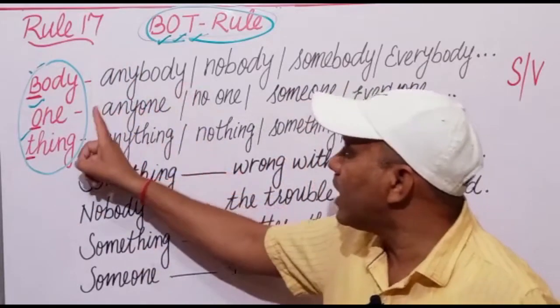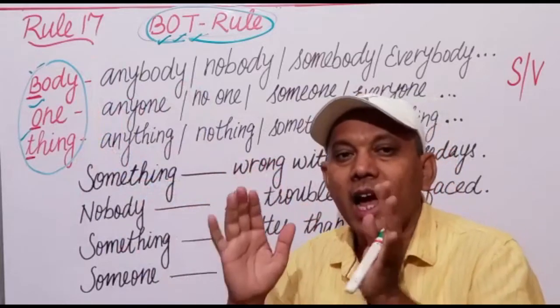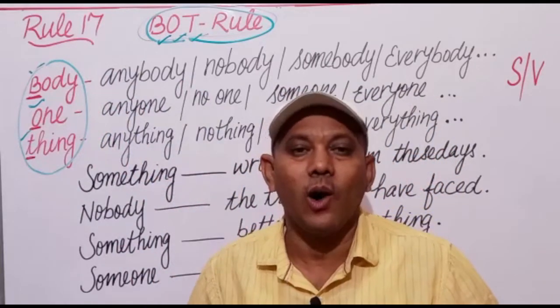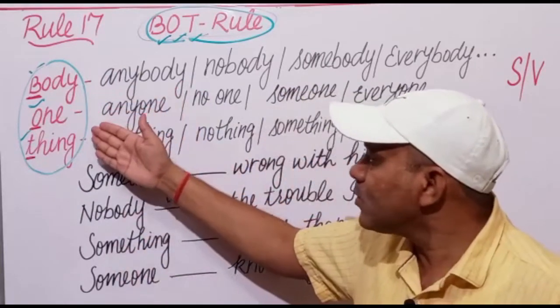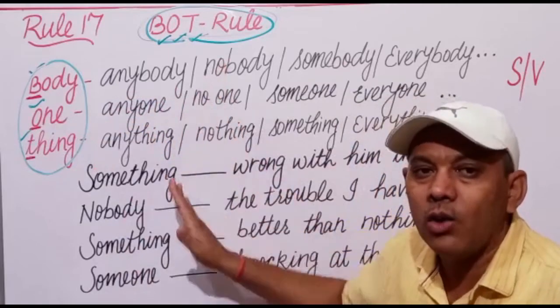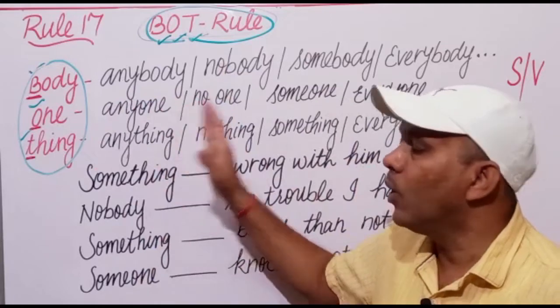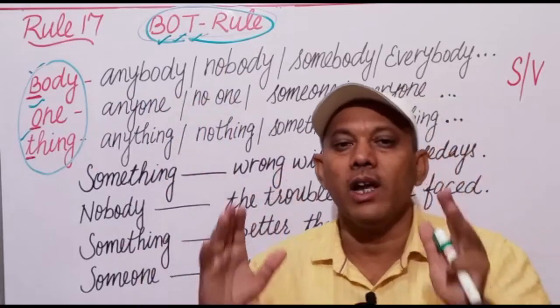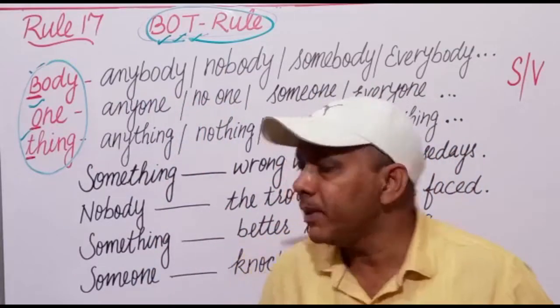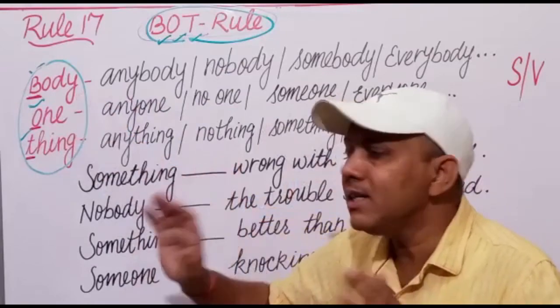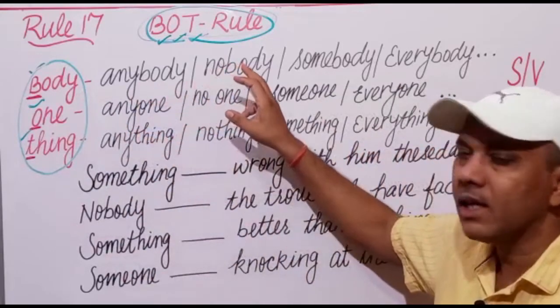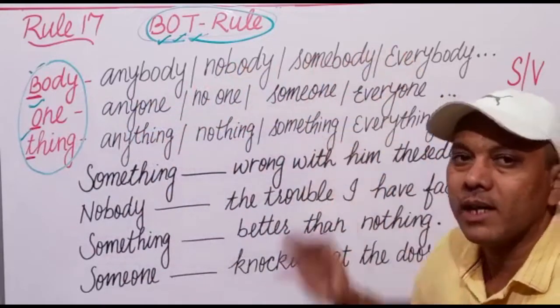If these words are acting as a subject in a sentence, or when these words refer to the noun or subjects of the sentence, then they always take a singular verb. For example, body means anybody, nobody, somebody, everybody.